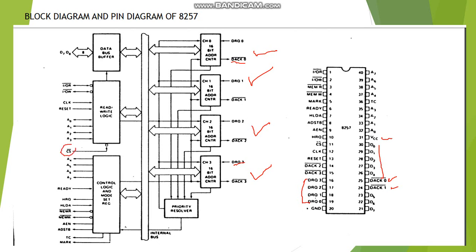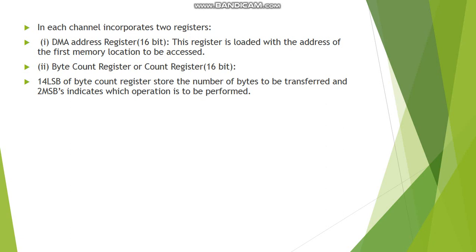Chip select is used because there are 2 modes in DMA: one is master mode, one is slave mode. When chip select goes high, we have selected the slave mode, and when it goes low, we have selected the master mode. I'll send you notes on the master and slave modes after this PPT. So these are the pins and block diagram of the DMA controller.